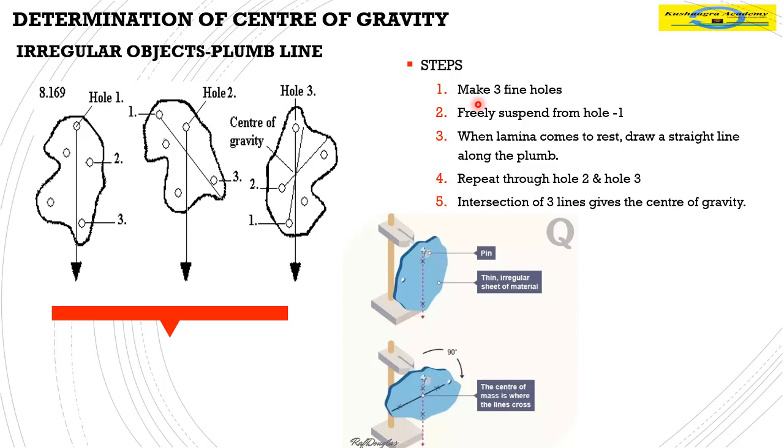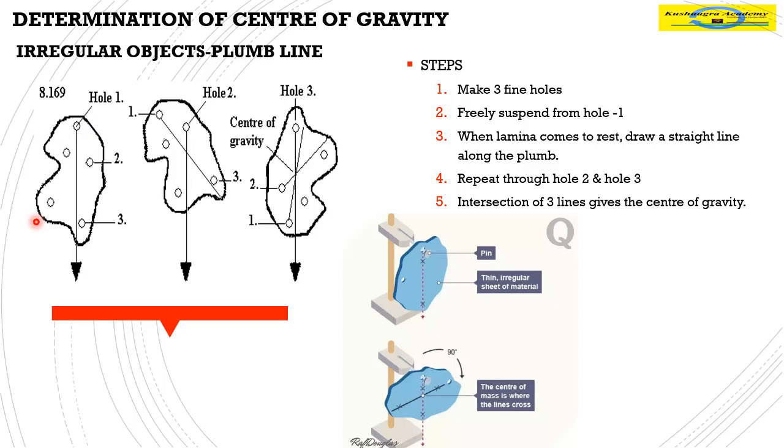To find it for irregular objects, we make 3 holes in that object. See, hole number 1, hole number 2, hole number 3. We will suspend this shape with the help of a nail or something, and we'll see when it comes to stability.